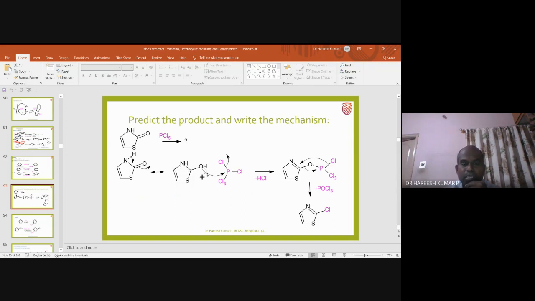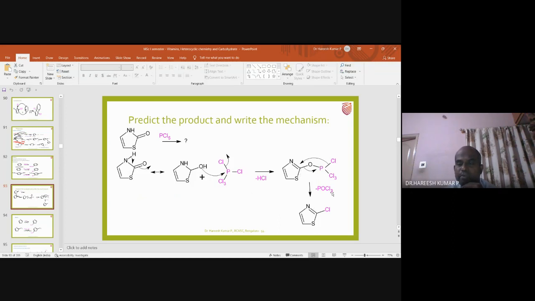Once the OH is formed, this OH reacts with the phosphorus chloride. How will it react? The lone pair present on the oxygen can attack phosphorus and chlorine will go out. Once chlorine is going out, there will be an intermediate formed like this. At this moment, this bond pair will go over here, and this chlorine attacks the second position.